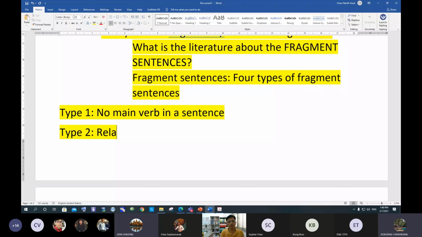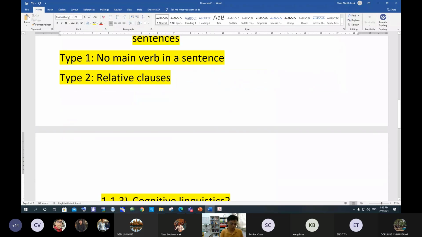Relative clause. Problem with relative clause. Type 3. Help me. What was that? Repeat the subject. Yeah. Subject repetition.